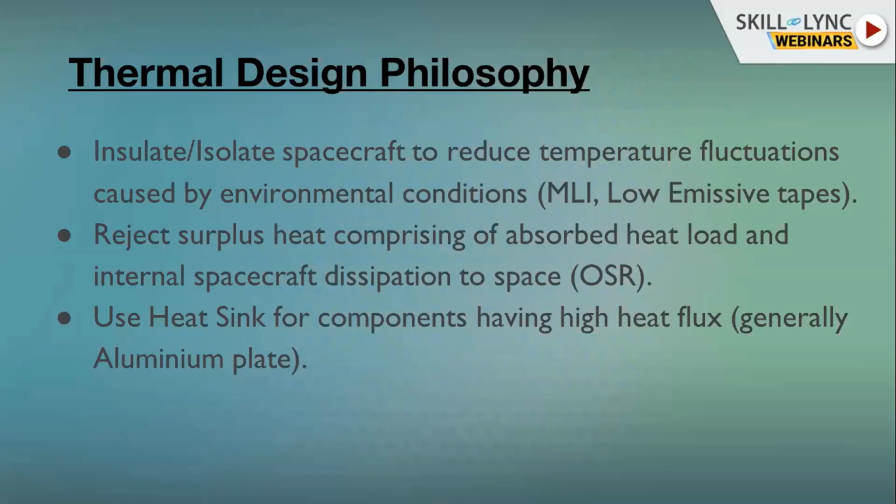So if we have a dissipating component, for example electronics for a communication system which normally dissipates more heat and is very less efficient, we can use an aluminum plate between the structure and this heat source, so it can dissipate the heat through this plate and spread it over the spacecraft, which actually helps in reducing the thermal gradient across this component also.